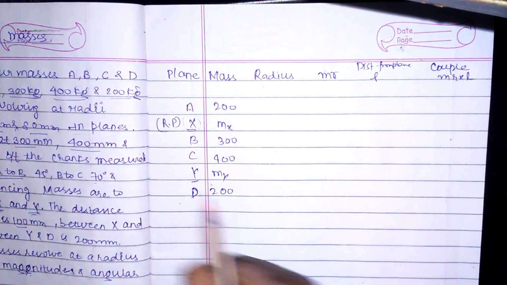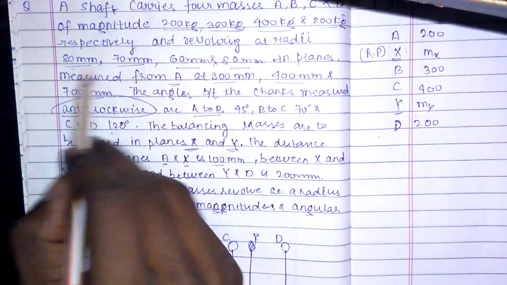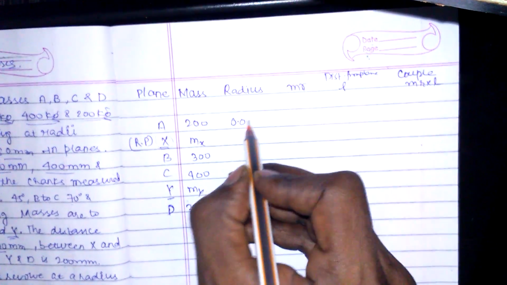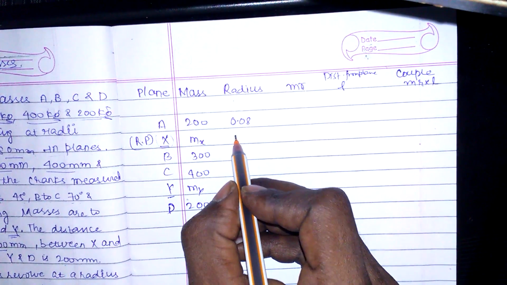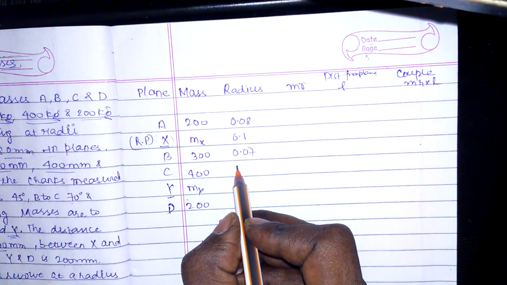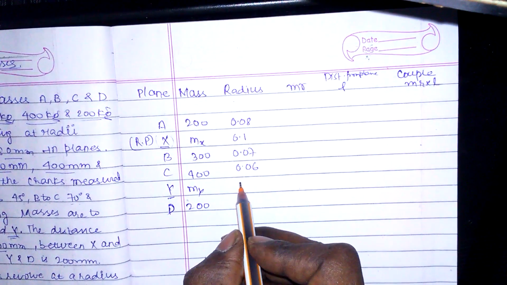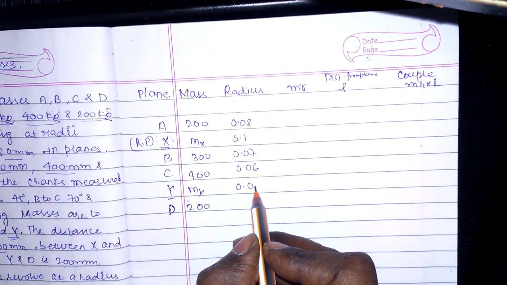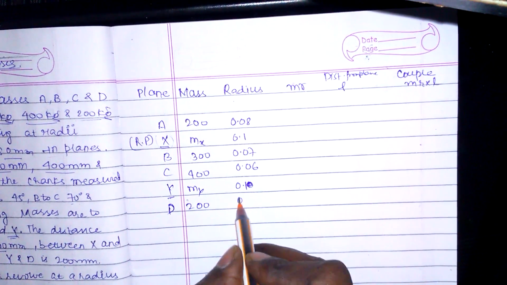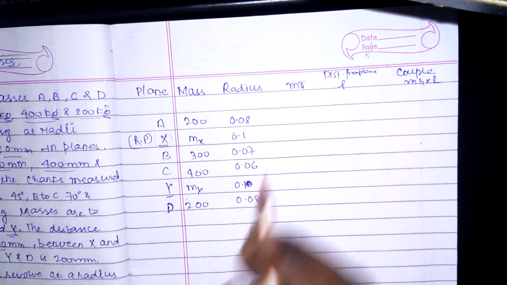Now what is the radius, it is given over here. So write it down, 0.08 in meters, 0.1, 0.07, 0.06, 0.1, that is 100 mm, and 0.08.